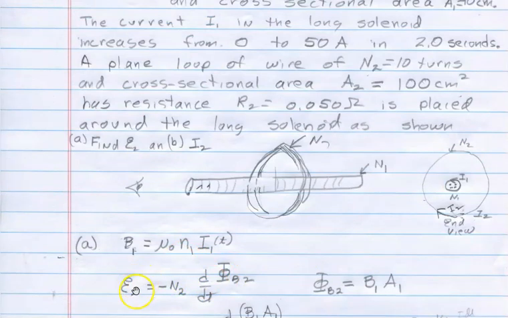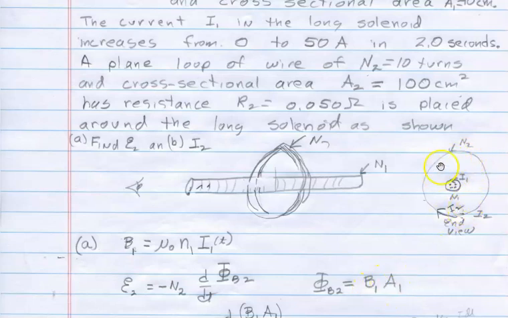And the EMF that's generated in 2, the large ring around, is the number of turns times the time rate of change of the total flux through the area enclosed by the loop, which is this big area. And that, in general, is a magnetic field strength times the area.